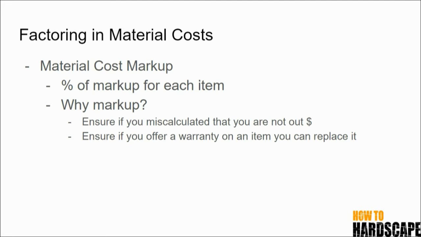You're going to want to mark up your material cost to cover that certain percentage of plants that die over a certain time, to make sure that you are not out that money in the long run. And it's going to add profit into your pocket at the end of the day if everything went right with your estimating and your quoting.